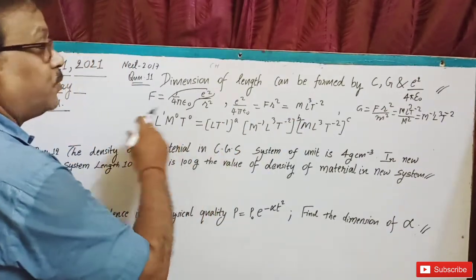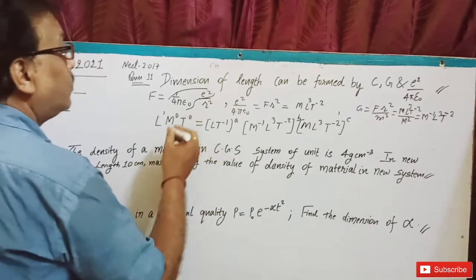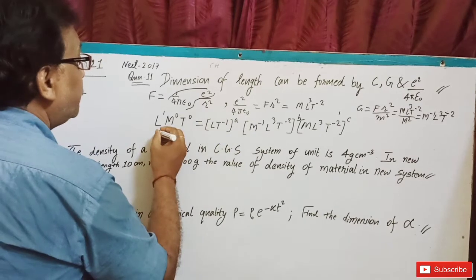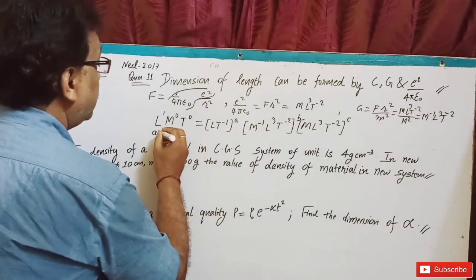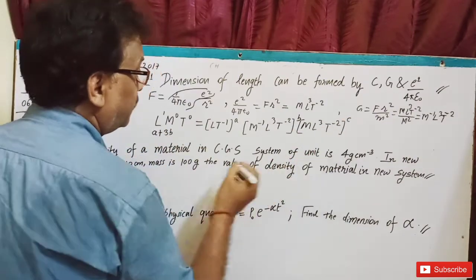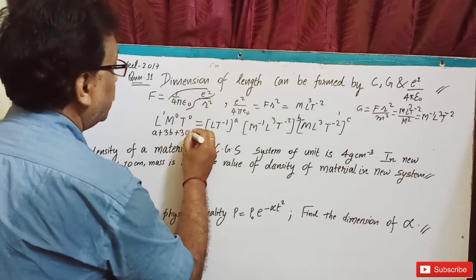We compare both sides for L, M and T. So you compare L power a, L power 3b, L power 3c, it is equal to 1.